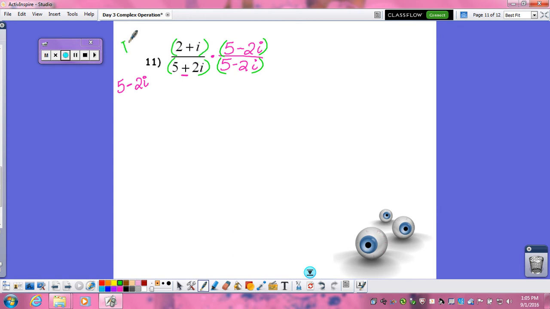And yes, we need to FOIL or double distribute the numerator and the denominator. 2 times 5 is 10. 2 times negative 2i, negative 4i. i times 5 is a positive 5i. i times a negative 2i is negative 2i squared.